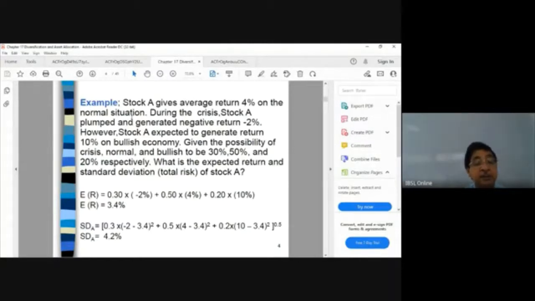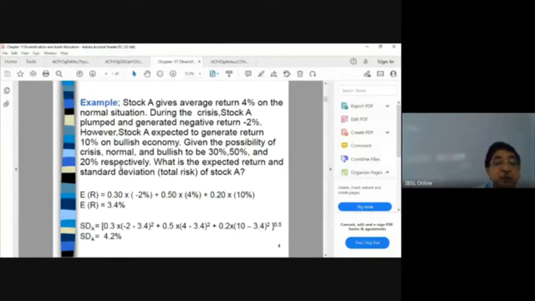So 30% is the probability for a crisis situation, and at that time the return is -2. So 0.3 multiplied with -2% plus 0.5, which is the normal situation, multiplied with the respective return. The respective return for a normal situation is 4%, that is why we multiply it with 4%.